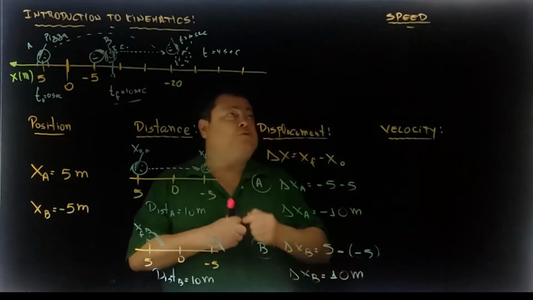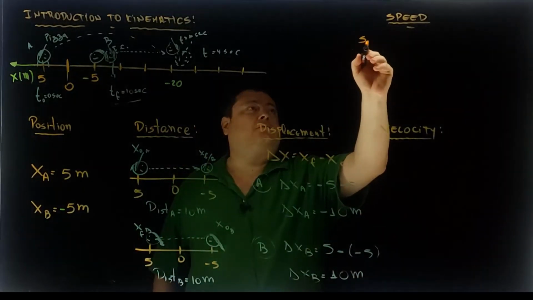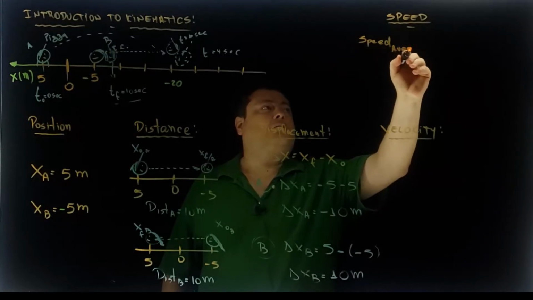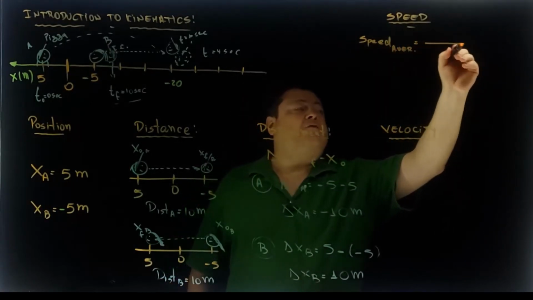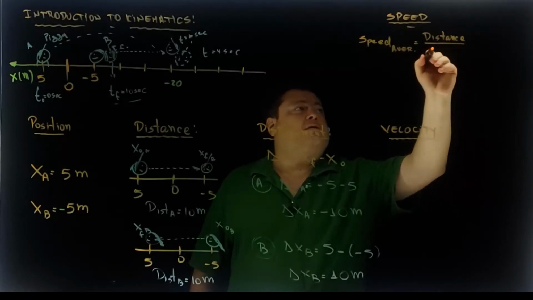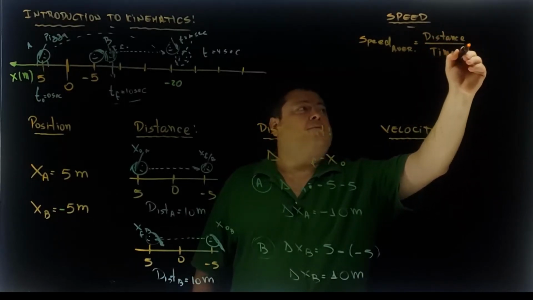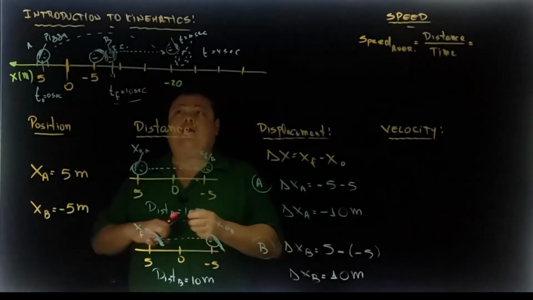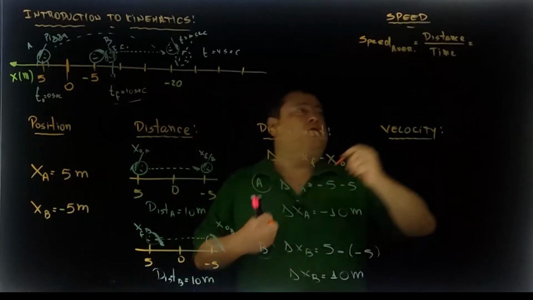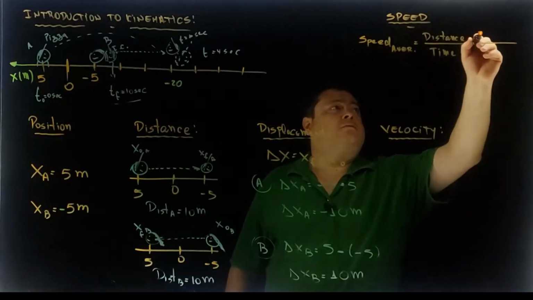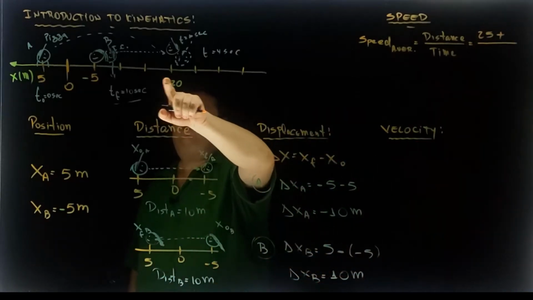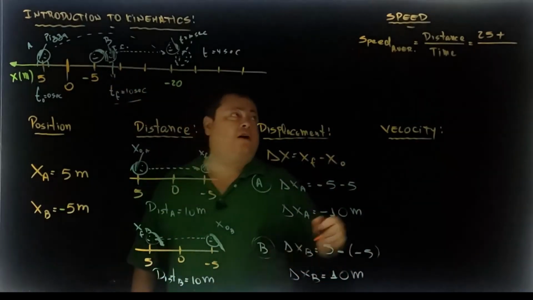So average speed is, by definition, distance over time. So he traveled a total distance of 5 plus 20, 25 meters, plus another distance of 20 to 5, negative 20, negative 5, 15 meters.